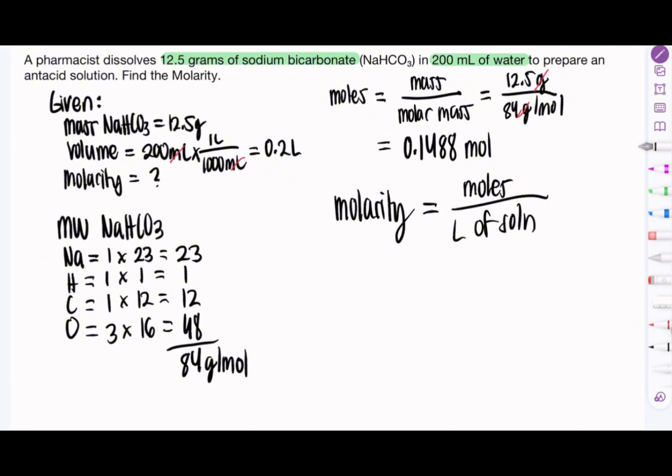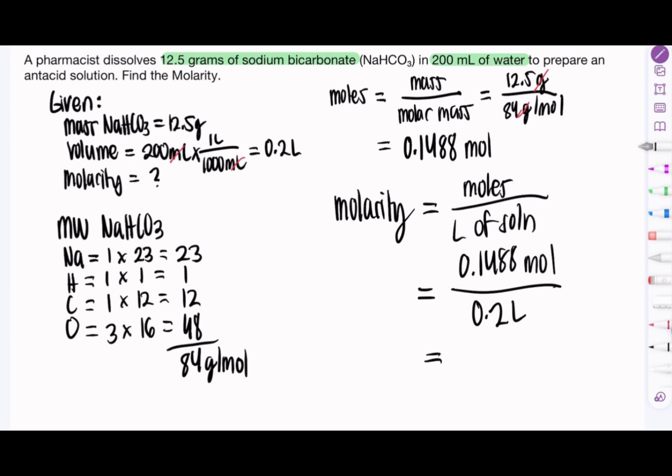Yes, moles is here and the liters is here. So let's write it down. 0.1488 mole over 0.2 liters. Now let's solve for the molarity.